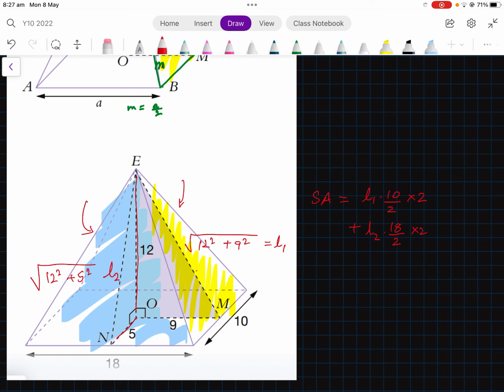Now what remains to be added is the base, which we shouldn't forget. The base is a rectangular base of 18 by 10, and once you calculate this, the units will be unit square. In this case, we don't know if it's centimeters or millimeters. Simply write unit square, or you can write square units.